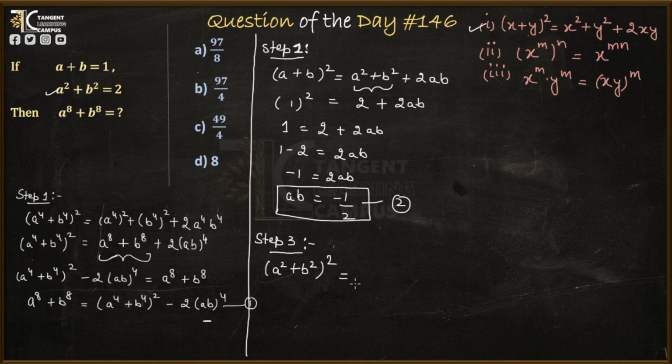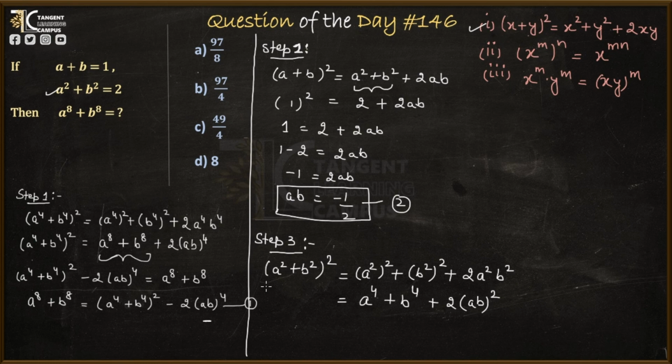By applying the first formula, we can write (A²)² + (B²)² + 2 times A²B². Now again, using the second formula, we can write A⁴ + B⁴ + 2 times (AB)².